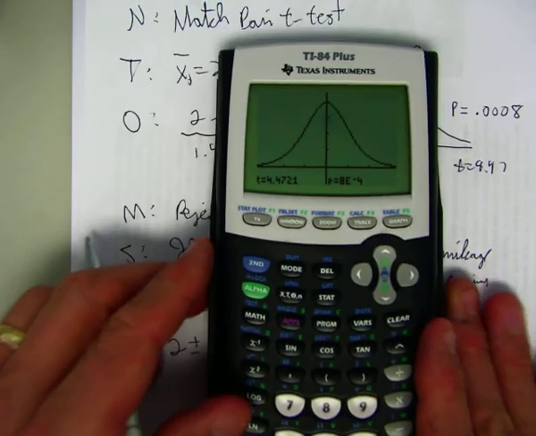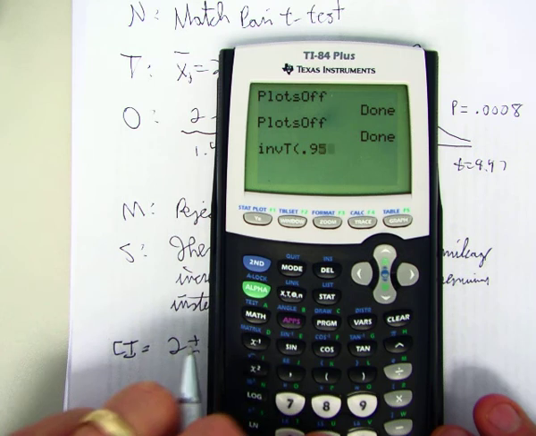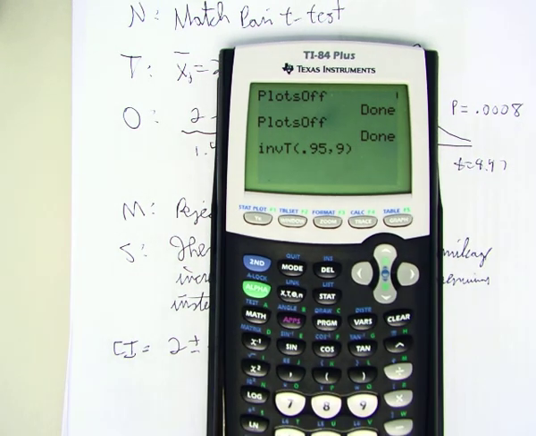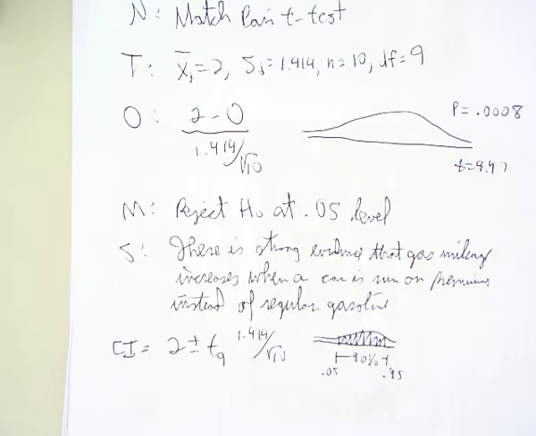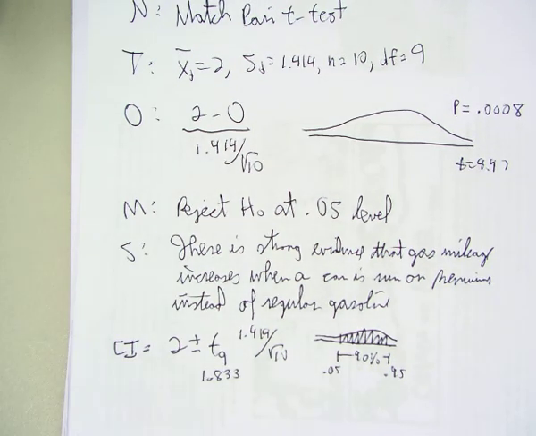So I'm just going to get that t value, inverse t of 0.95 with 9 degrees of freedom, and that t value should be 1.833. So I like to put that in there. And I'm just going to calculate that.